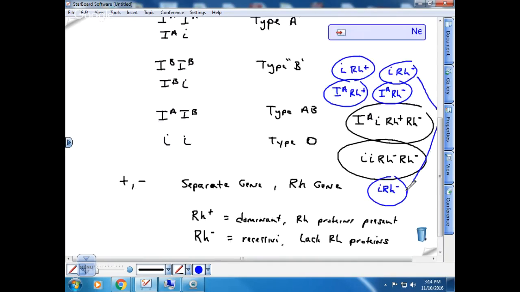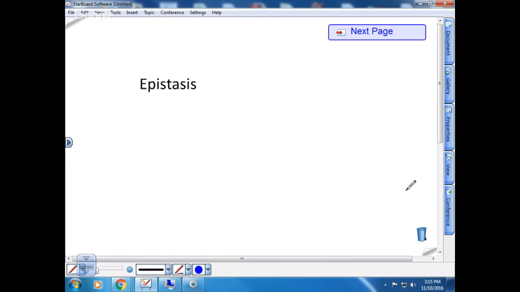Okay. So this is the last thing I want to talk about, and it is called epistasis. And epistasis is where we have 2 genes interacting to determine the phenotype.